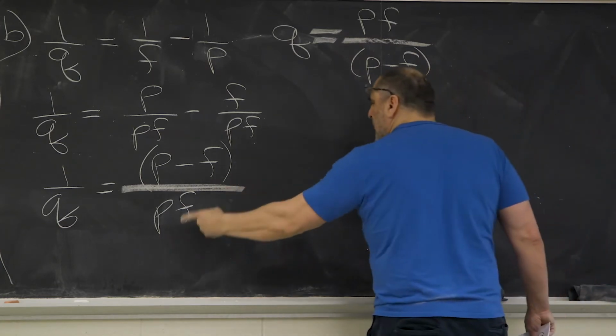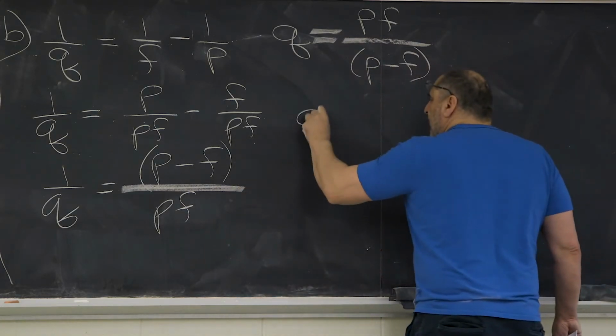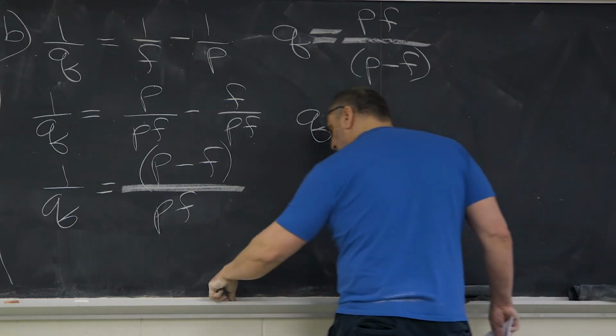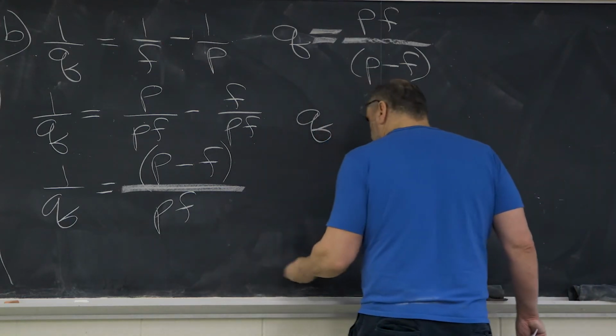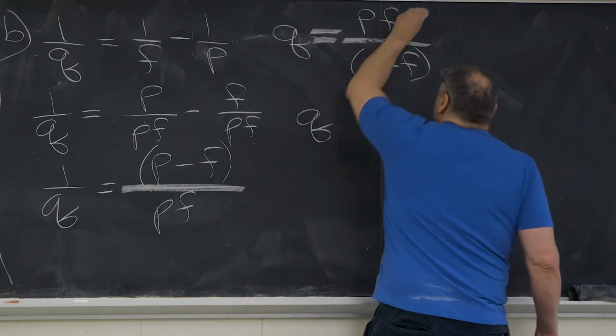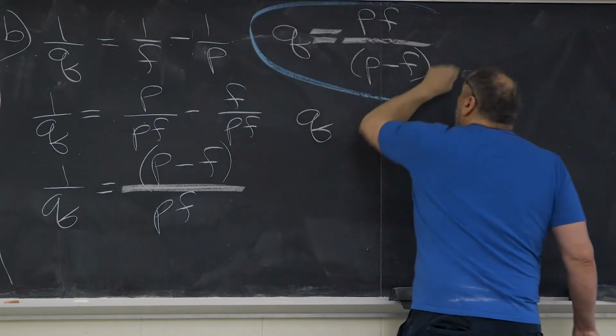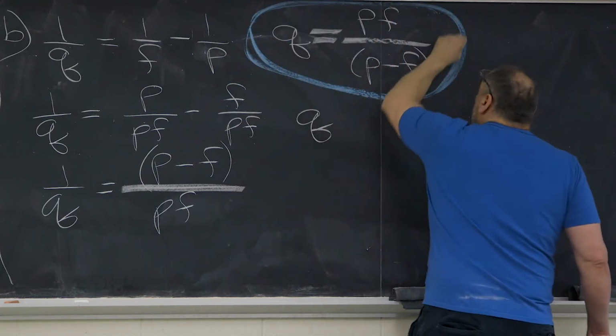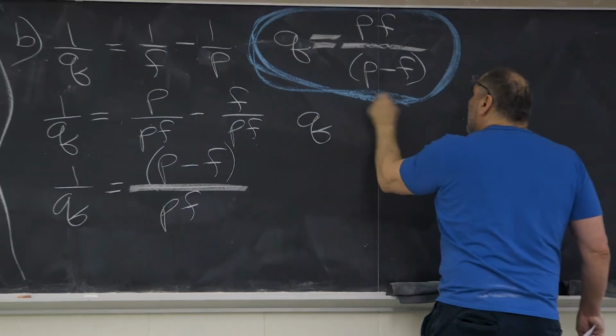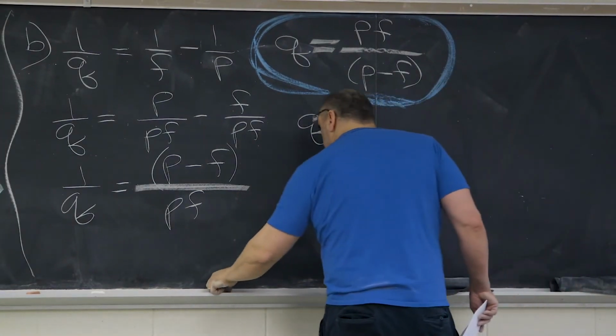If two things are equal, the reciprocals are equal, and you get this. This is going to get us there, guys. This is the big one right here. Pretty big move for us.